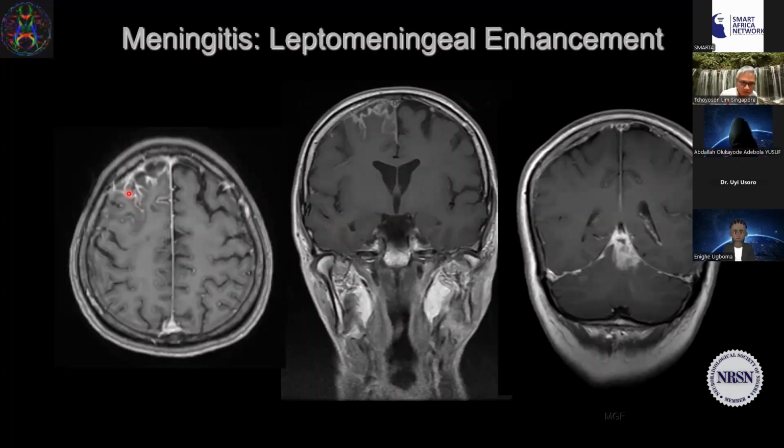Here you can see focal area of enhancement outlining the gyral surface and the dural surface with the abnormal CSF tract in between. So after contrast injection, we can see abnormal enhancement.